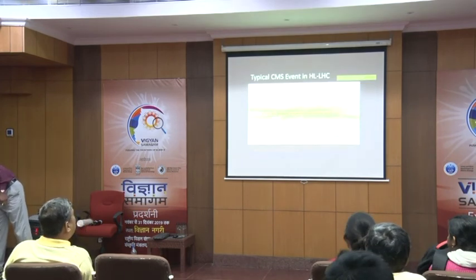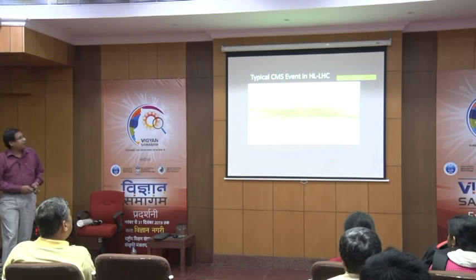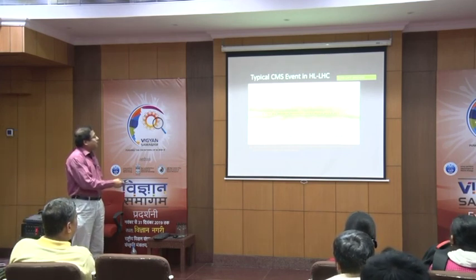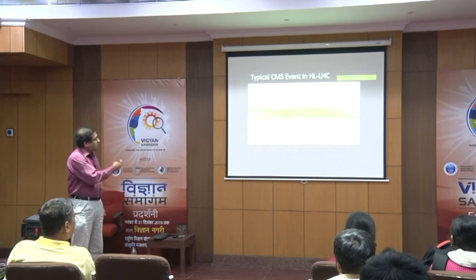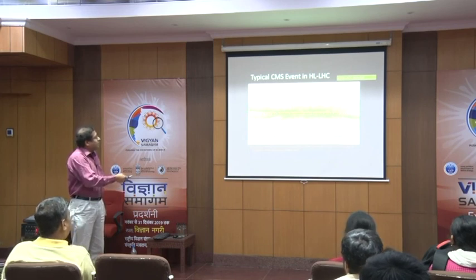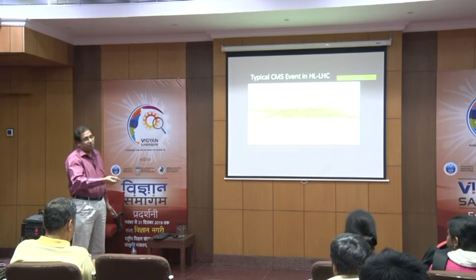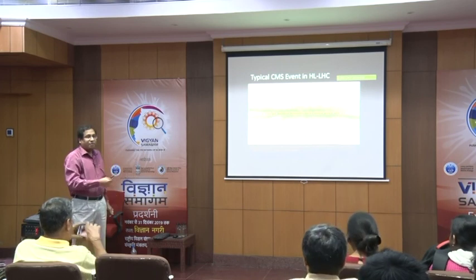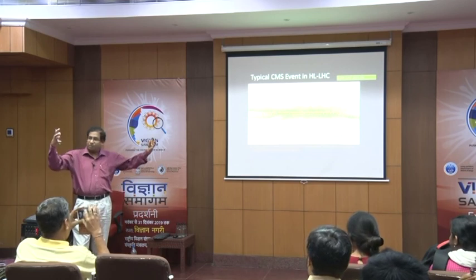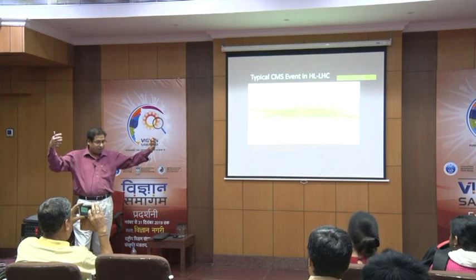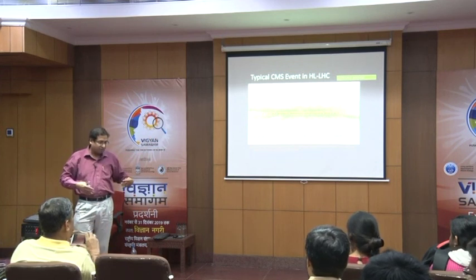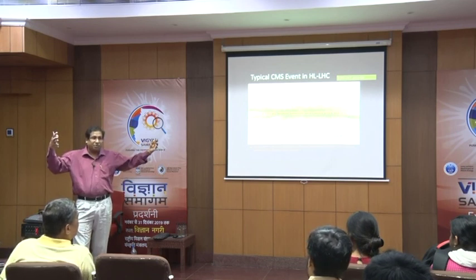Okay, then there are challenges in Run 2 and the High Luminosity LHC, that right now we have pile up. What is pile up? I mentioned it very briefly there. That means I have a hard scattered event like a top event or Higgs event or some rare process. But apart from that, if you understand how the accelerator produces bunches of protons, there are many protons in the bunches, right?